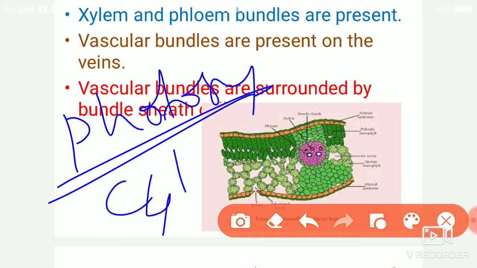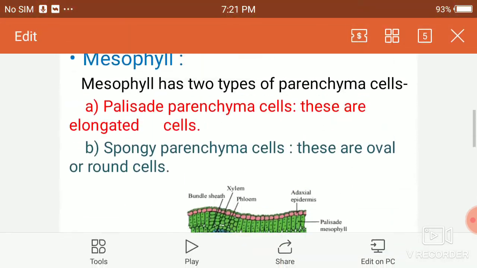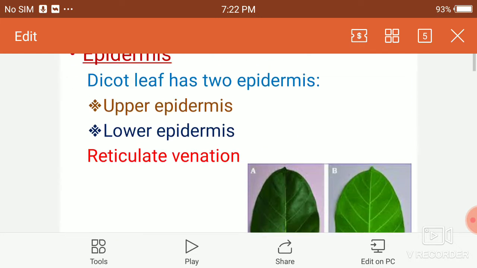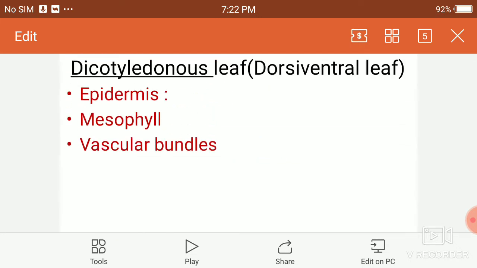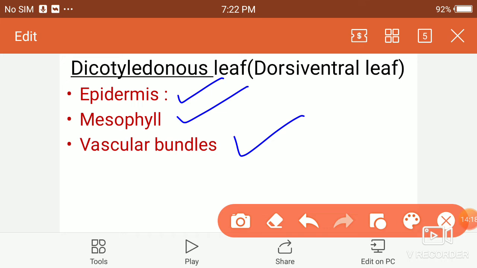Such plants are called C4 plants. So those are the three parts present in the dicot leaf: epidermis, mesophyll and bundle sheath cells.